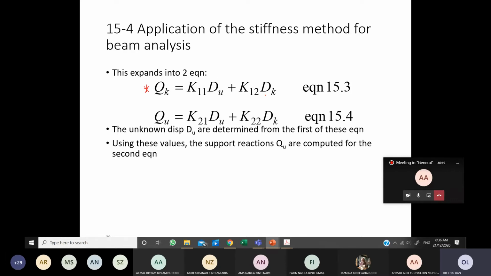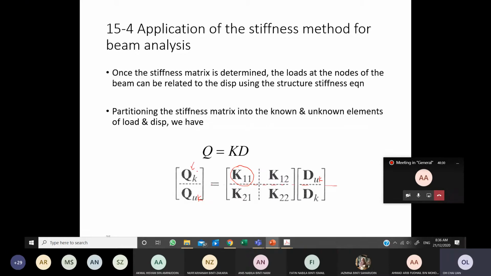I repeat, to get equation 15.3, QK equals K11 D unknown plus K12 D known. How do you do that? You put the first equation here: QK equals K11 multiplied with this, then plus K12 multiplied with DK. This is how you do your matrix.